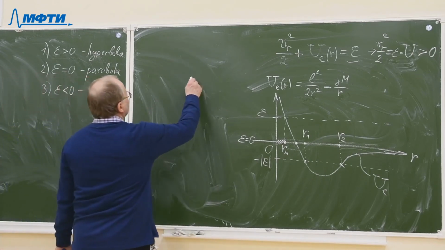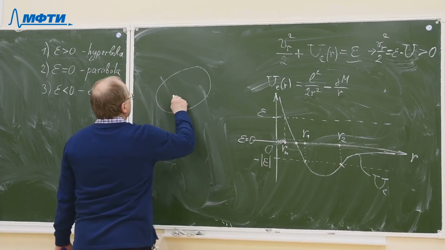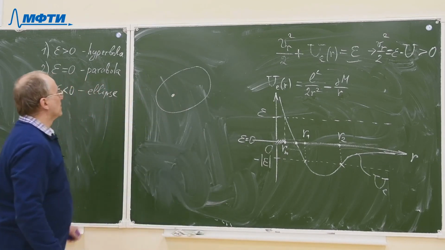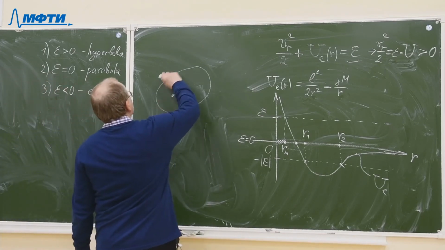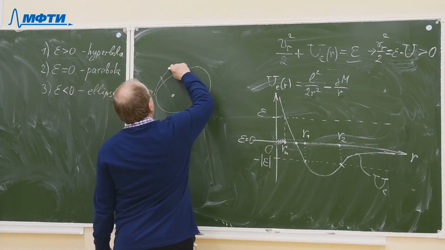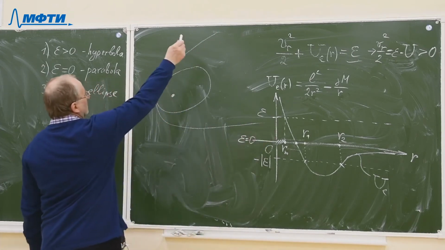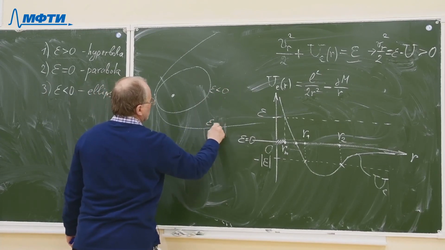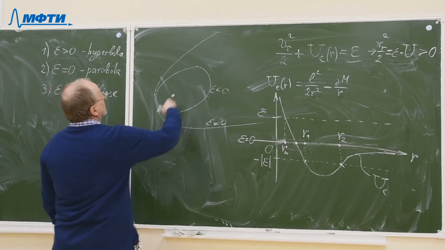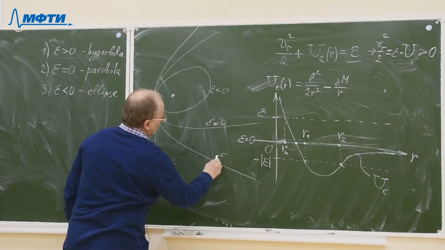So we can draw it in this way. This is the elliptical trajectory of a planet whose energy is less than 0, and if the energy is 0, then the trajectory will be parabolic. That is epsilon less than 0, epsilon equal to 0, and if epsilon is larger than 0, then the trajectory will be hyperbolic.